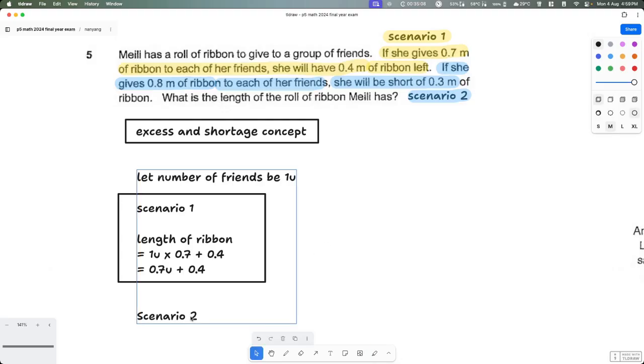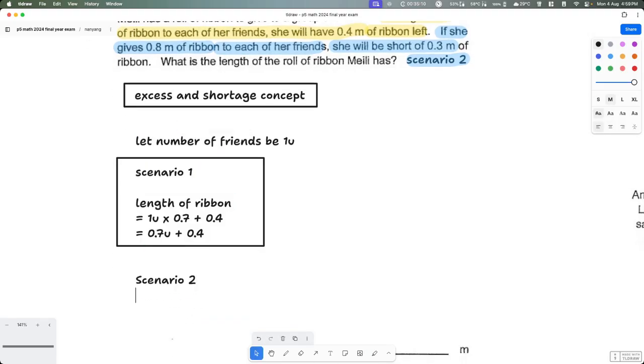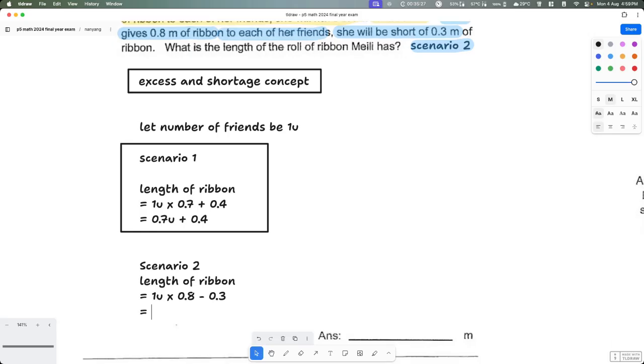So for scenario 2, that means length of ribbon will be 1 unit multiplied by 0.8, and then she'll be short, so minus 0.3. That means this will be 0.8 units minus 0.3.